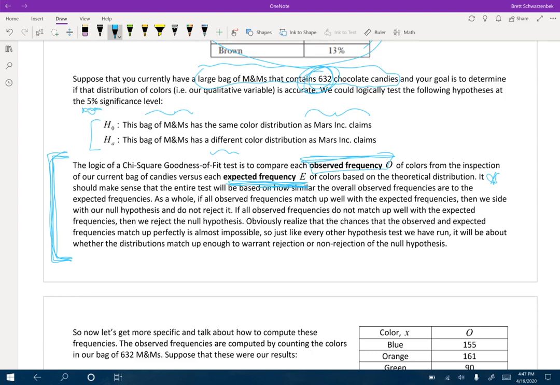As a whole, if the observed frequencies match up well with the expecteds, then we side with our null hypothesis that they're the same, and we do not reject it. If the observed frequencies do not match up with the expecteds, then we claim that they are different, and we would reject the null hypothesis. So clearly, what are we going to use to test that?